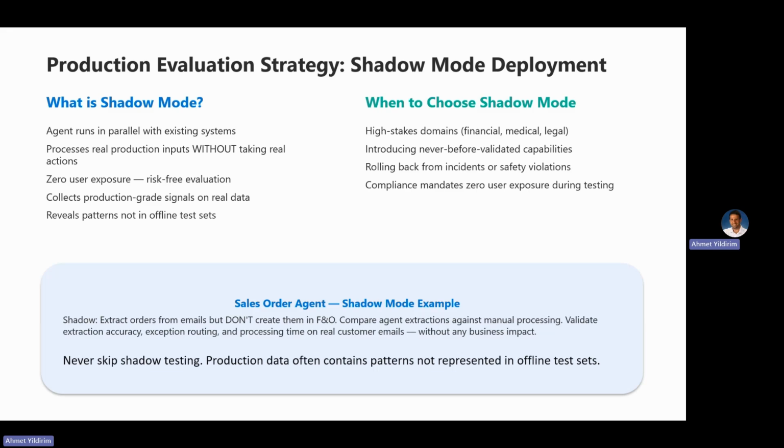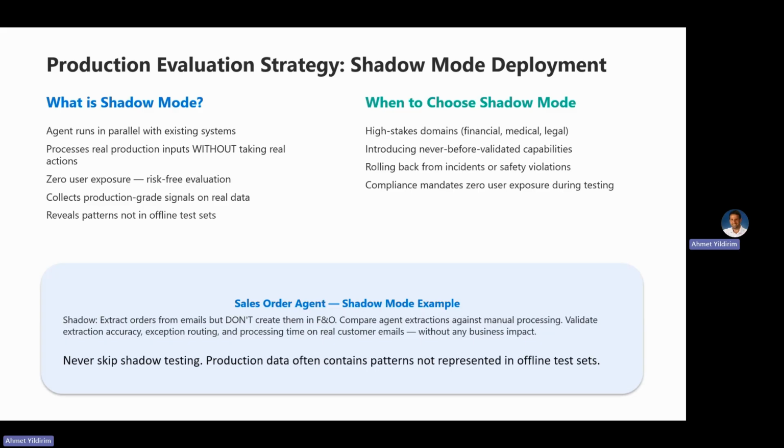It's especially valuable because production data often contains patterns that don't appear in your offline test sets. So choose shadow mode for high-stakes domains like financial, medical, or legal applications, when introducing capabilities that have never been validated before, when rolling back from an incident, or when compliance mandates zero user exposure during testing.